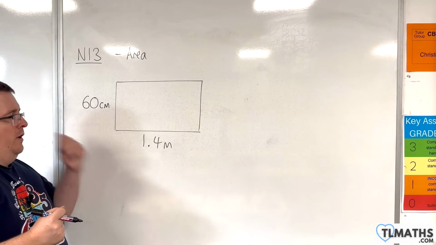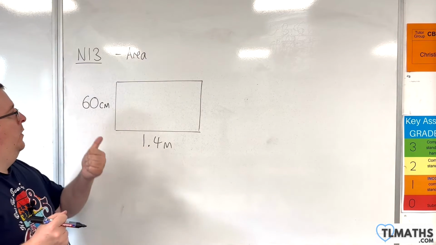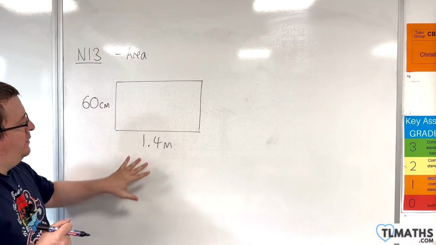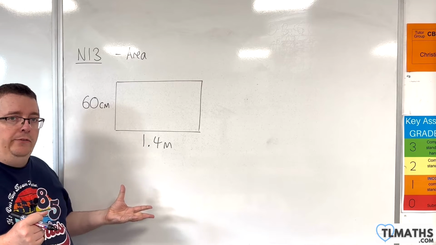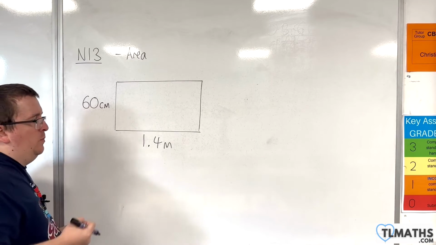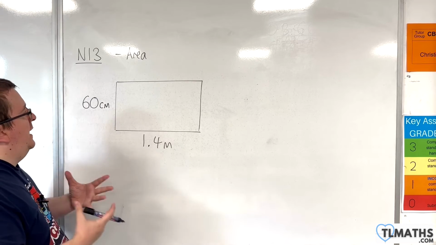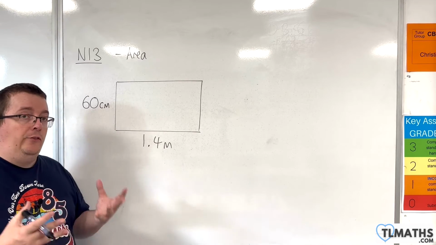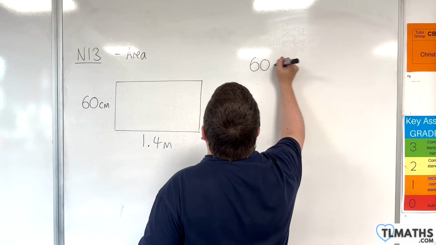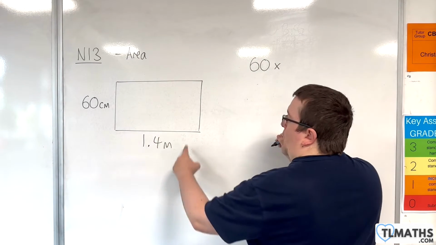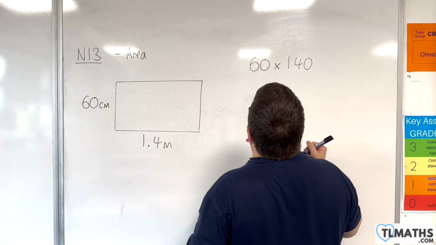So what I want to do is compare what the calculation would look like if we kept in square centimetres and what the calculation would be like if we kept with square metres. So if we were looking at square centimetres first, we would be multiplying 60 by 1.4 metres in centimetres, which is 140.